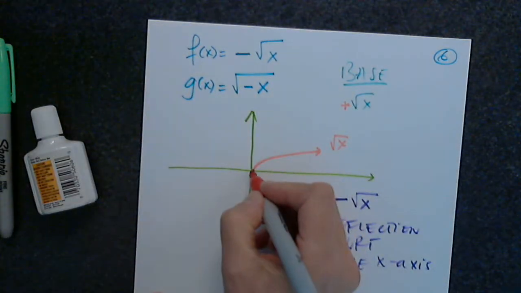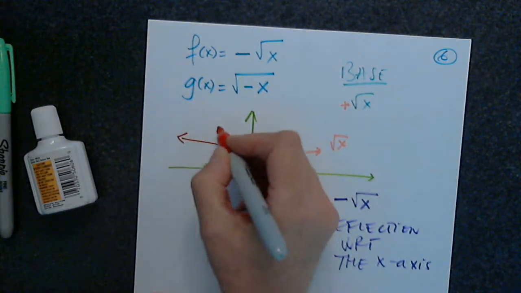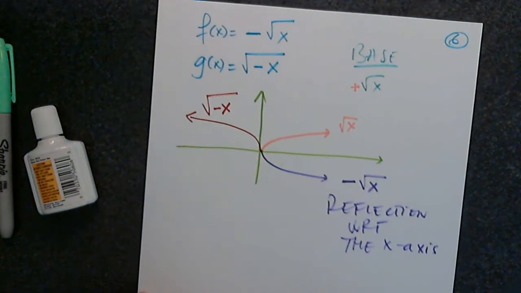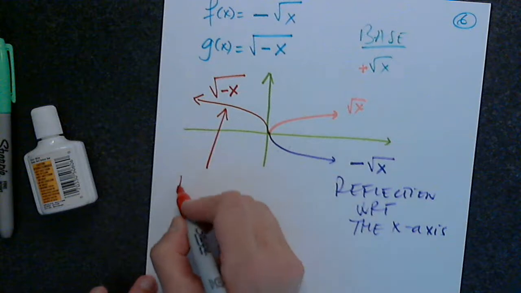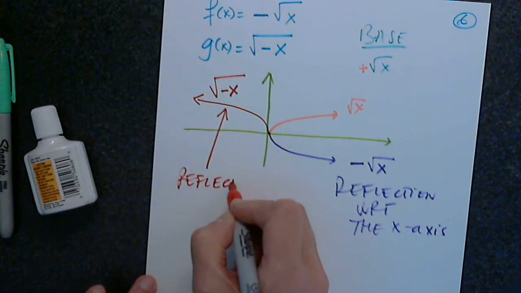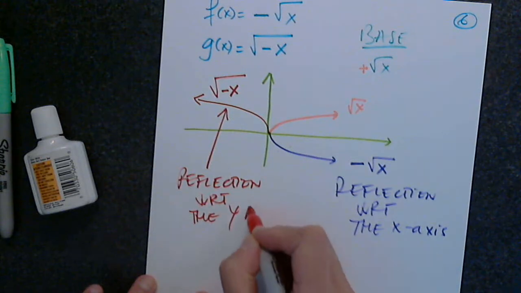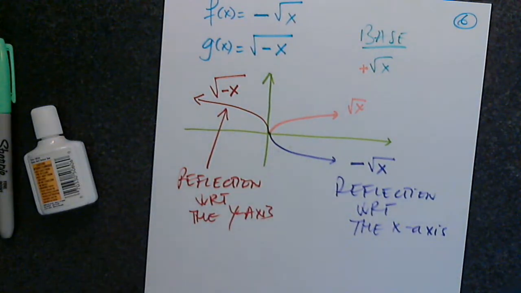Exactly. So here will be the graph of the square root of negative x. So this graph is a reflection with respect to the y-axis. We're going to look at the combo next, and then we'll address the last one.